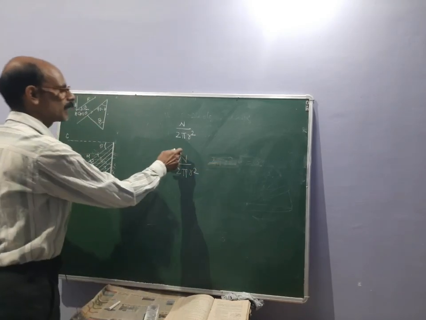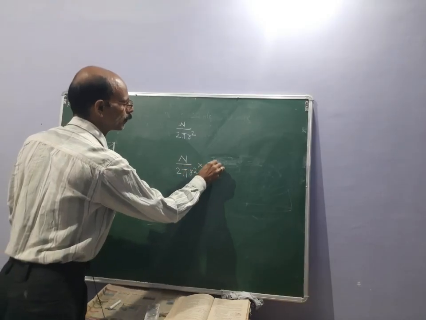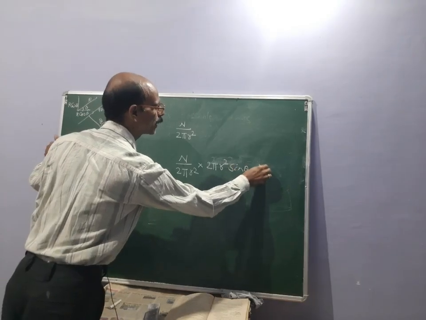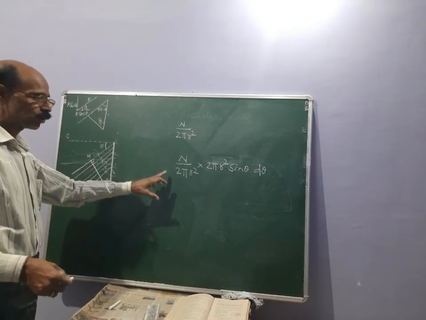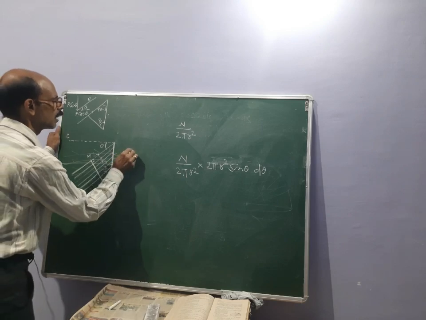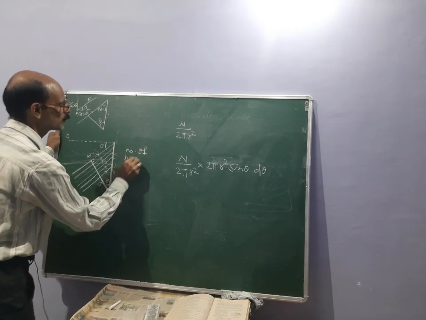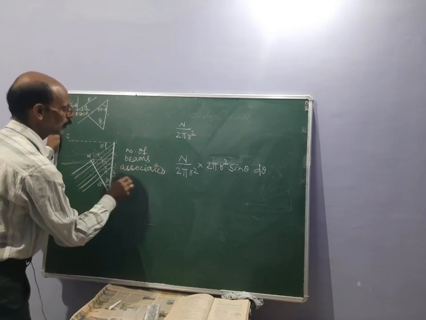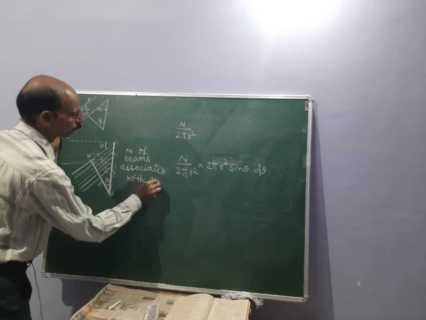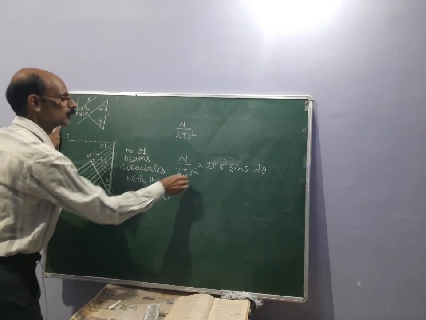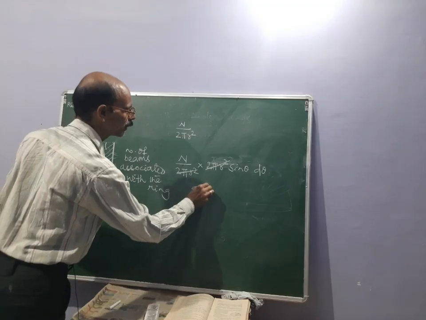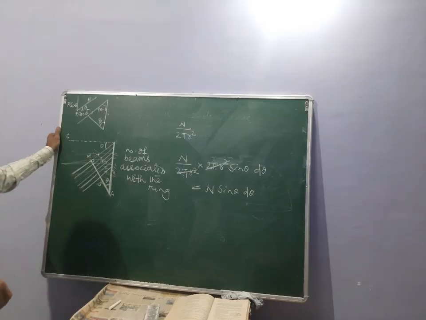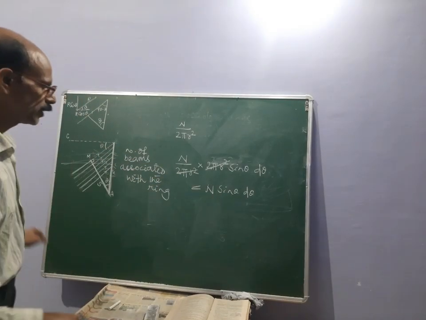If we multiply this number of beams per unit area with the area of the ring, then we will obtain the number of beams associated with the ring. So after cancellation of 2πr², we obtain n sin θ dθ. This is the number of beams associated with the ring.